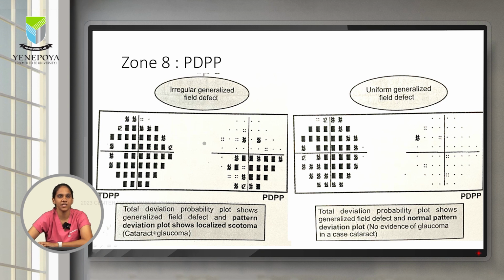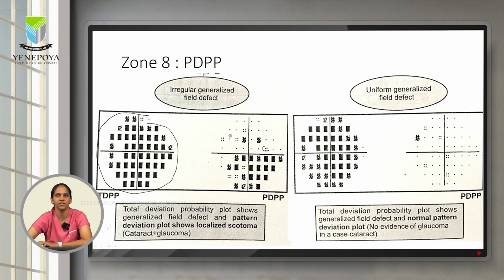Okay. So if you see here, this was the total deviation probability plot. You should see that almost all points are p less than 0.5%. If you just look at this total deviation probability plot, you will definitely think this patient is a case of advanced glaucoma, right? But when you see this pattern deviation probability plot, you see almost half of the points have become p less than 5% or even lower.